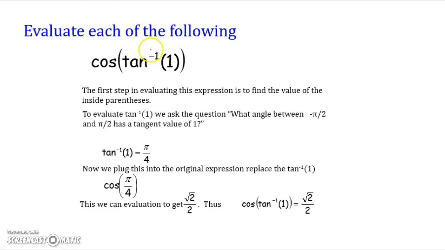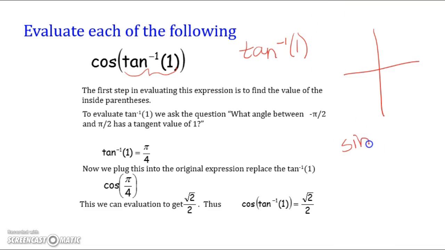So let's work here with this problem. Remember, we always start inside. So I'm going to start by finding the tangent inverse of 1. Tangent can only be one where sine of theta and cosine of theta were the same value.